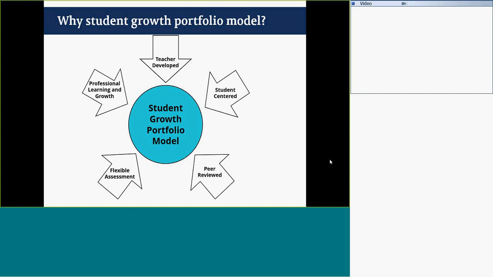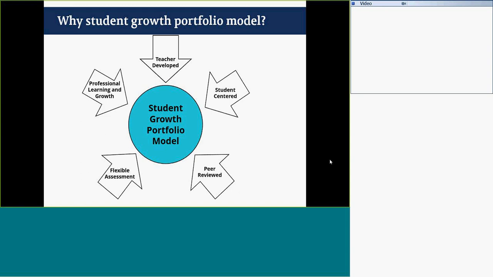We often think of the portfolio scoring guides as almost live documents, because every year teacher feedback will continue to drive so many parts of the portfolio. And it's because of that, the professional learning and growth really occurs at enormous rates when a teacher is implementing the portfolio. It occurs in many ways.